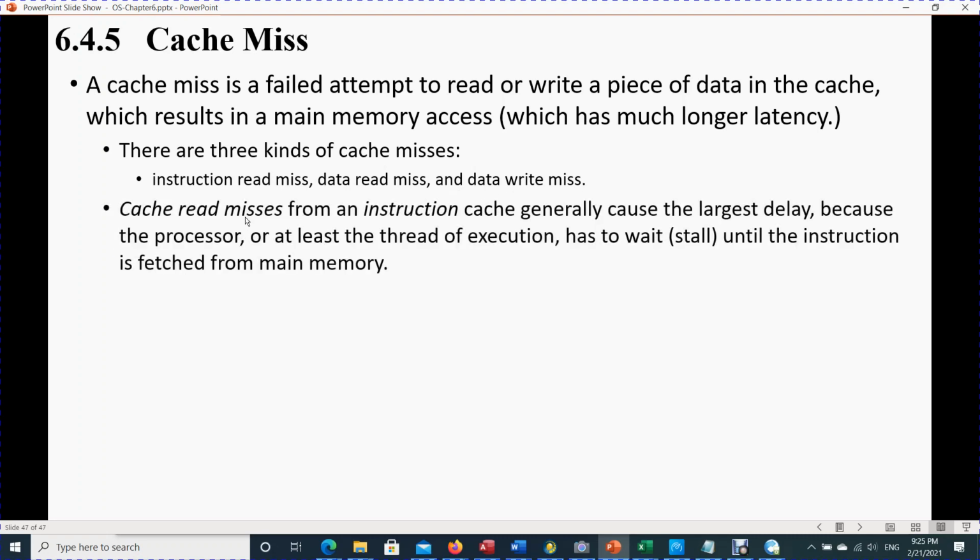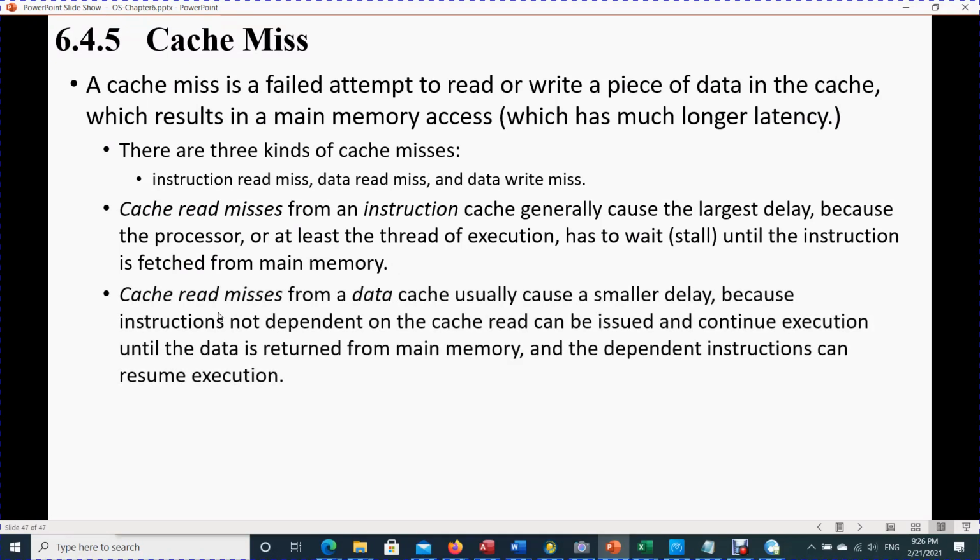Cache read misses from an instruction cache generally cause the longest delays because the processor has to wait until you get the instruction from main memory in order to continue. Cache read misses from a data cache are not quite as serious.